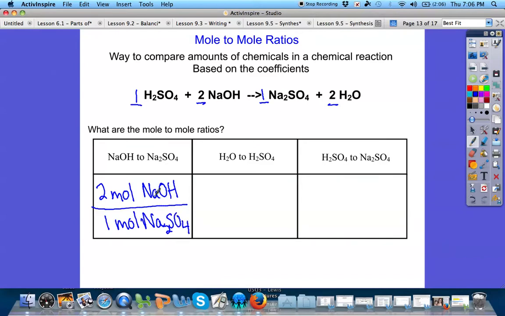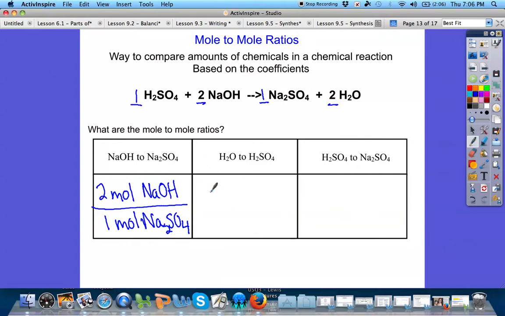I wrote the mole-to-mole ratio like this because we are going to use this as a conversion factor to convert from moles of sodium sulfate to moles of sodium hydroxide. I can flip this and convert from moles of sodium hydroxide to moles of sodium sulfate.